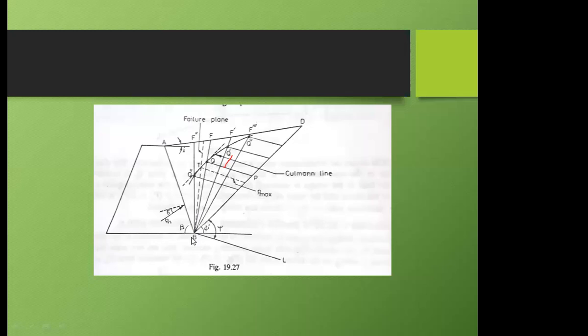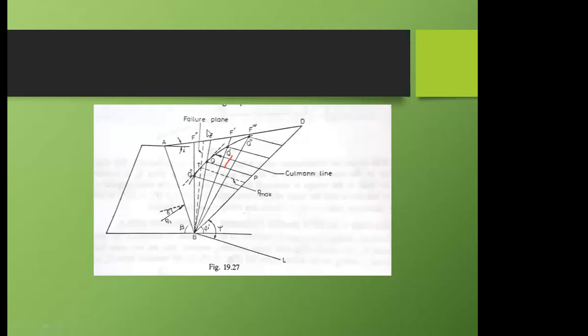You need to draw this dotted line, and it is almost parallel to BD. This point is considered as the tangent point. Whatever line comes from the tangent point to the weight line, this magnitude is considered as P max.